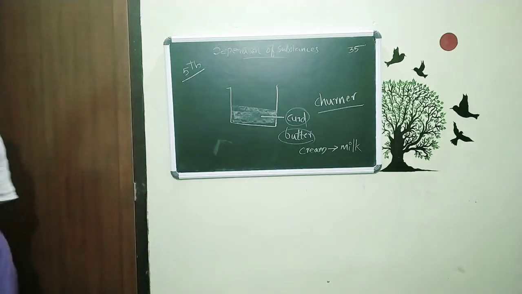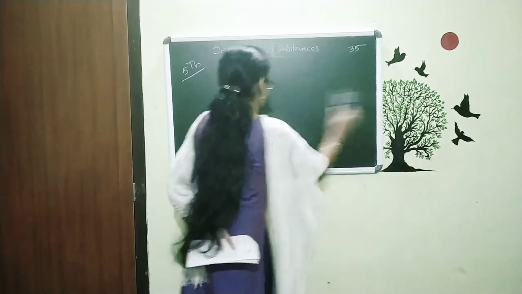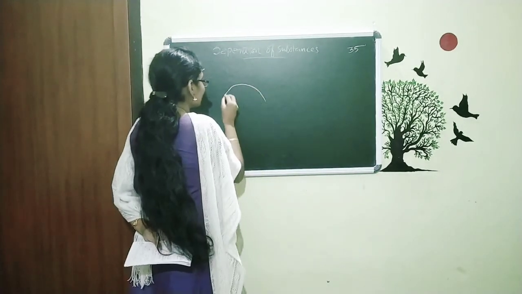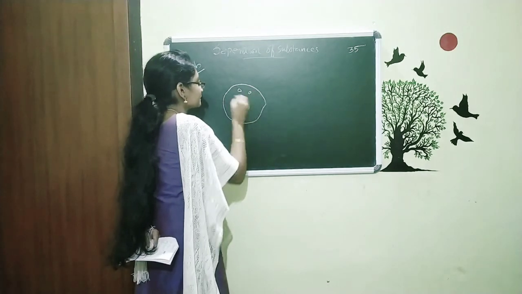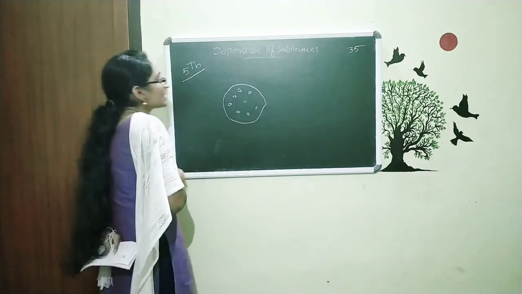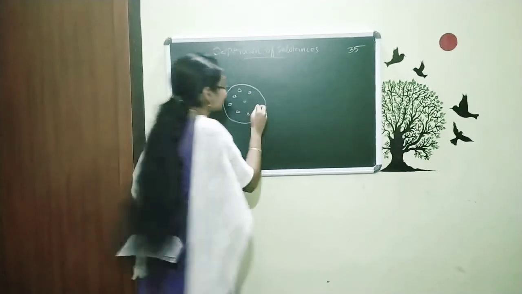Another simple example I will show you. We are making an omelette and a number of chili pieces are there. When you are eating this, what do you do? You just take off these chilies.